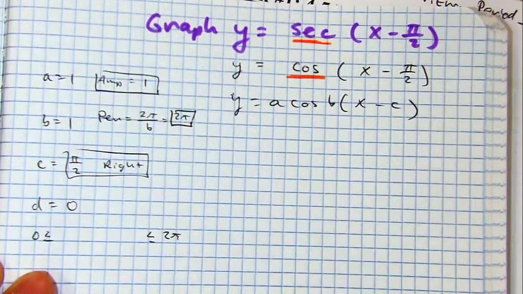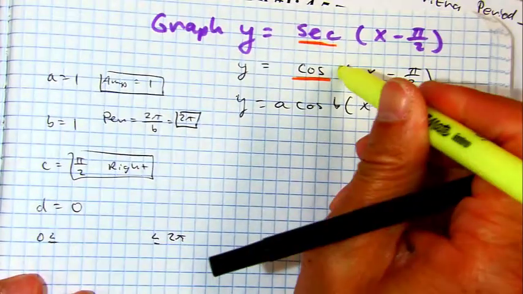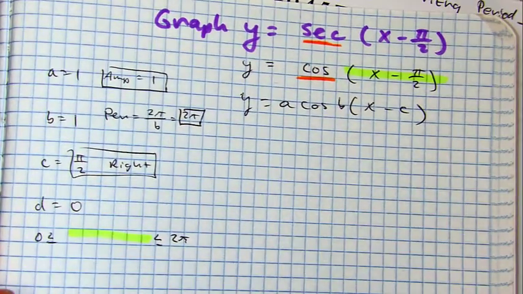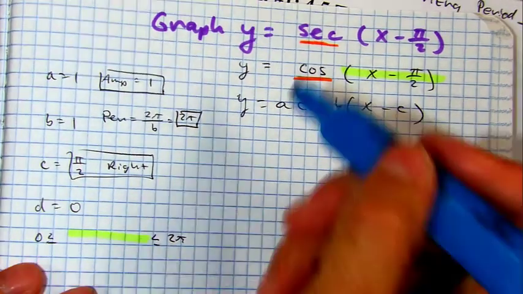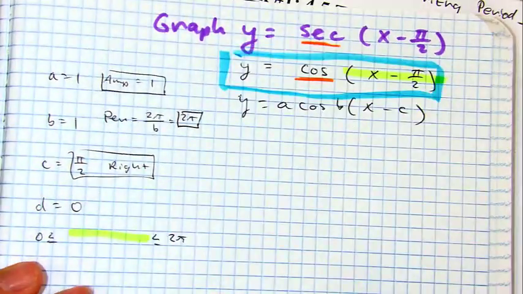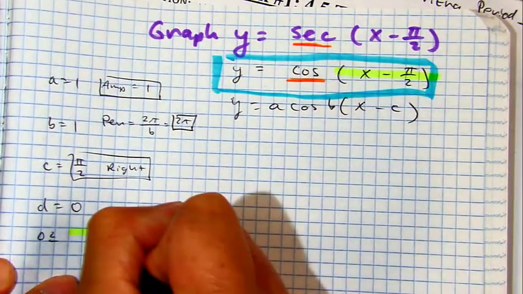This is going to tell me where it's going to be. Everything to the right of the trig function. Just want to make it abundantly clear that I am working with this one here highlighted in blue. So x minus pi over 2.